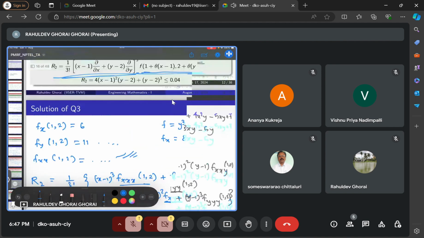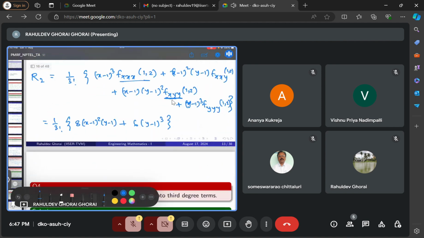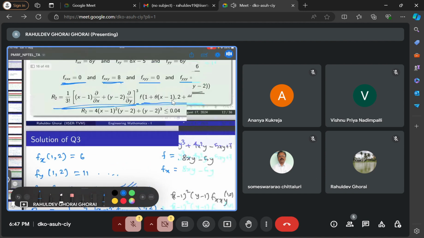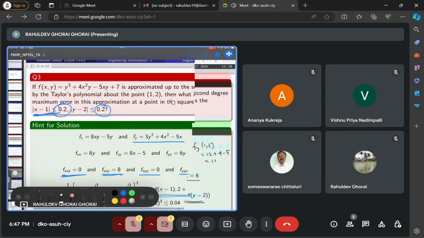So the error here is 1 over 3 factorial times [8 (x minus 1) whole square (y minus 1) plus 6 (y minus 1) whole cube]. Now we will see this x minus 1 is maximum 0.2, y minus 2 is also maximum 0.2.